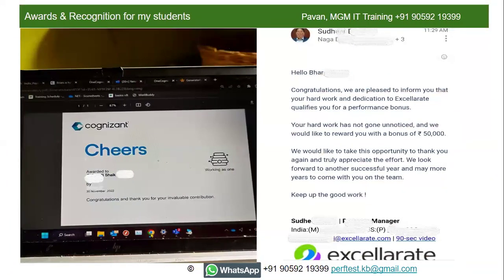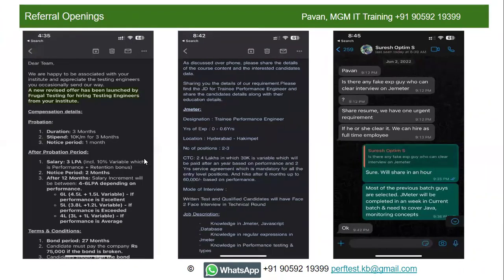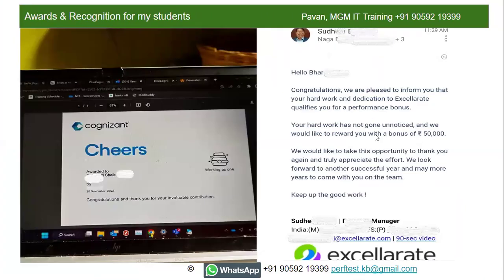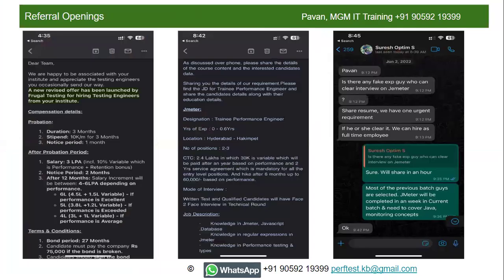If you go through the course properly, you can get a very good understanding. One of the persons got a bonus of 50,000 rupees, and lots of people got very good appreciation from their own team members.